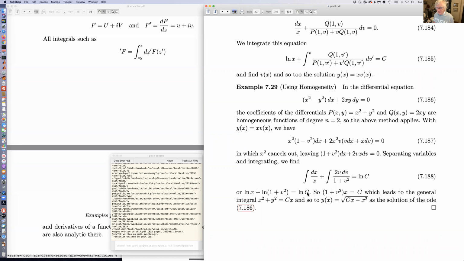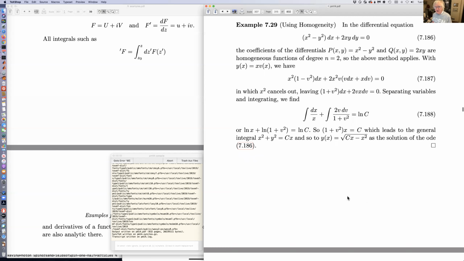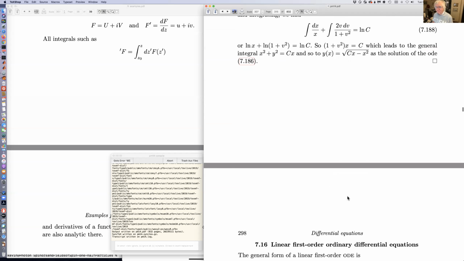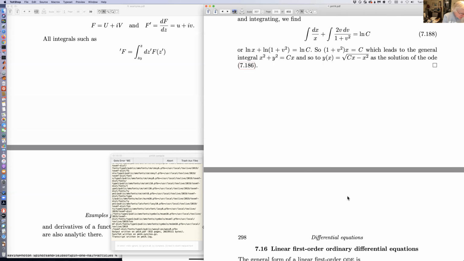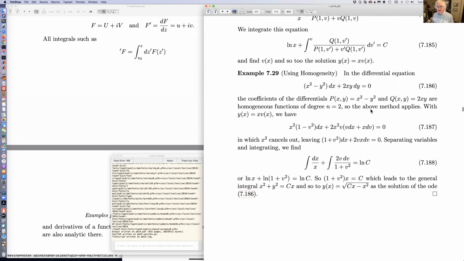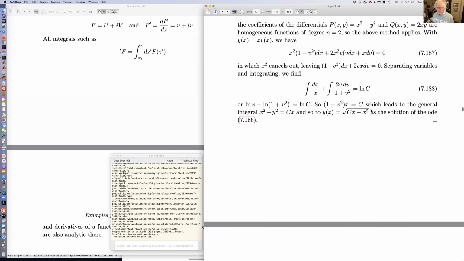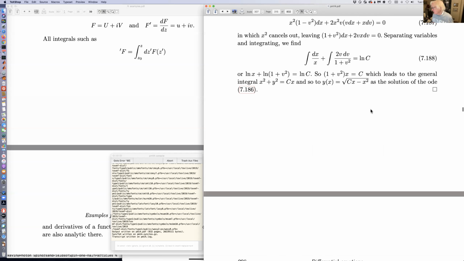And so multiplying both sides by x, we get this equation and solve it for that. So, well, we're out of time, but that's that example.